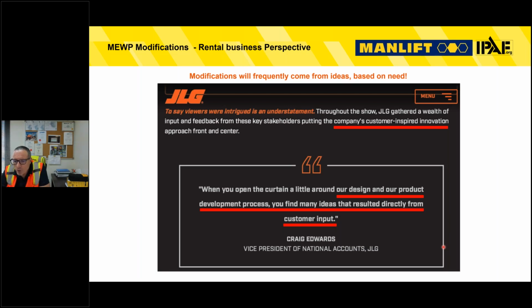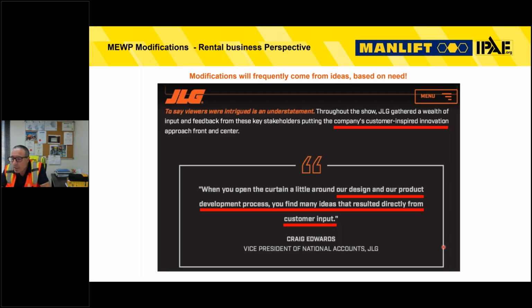What Craig says is, throughout the show, JLG gathered a wealth of input and feedback from these key stakeholders, putting the company's customer-inspired innovation approach front and center. He continued to say, when you open the curtain a little around our design and our product development process, you find many ideas that resulted directly from customer input.